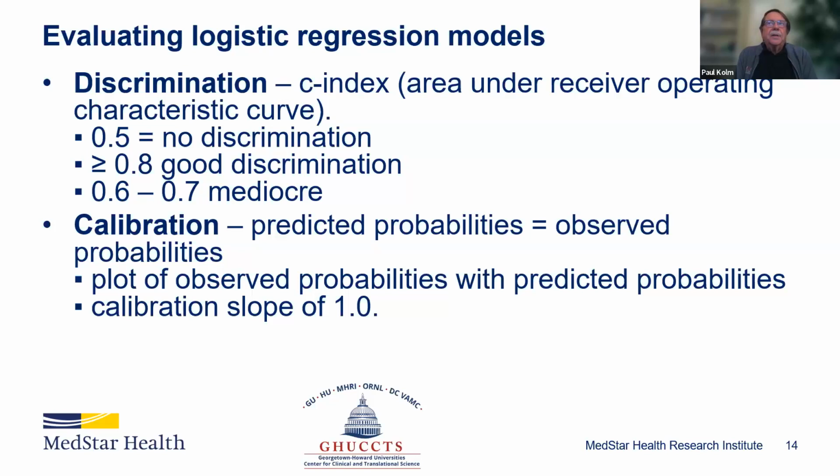The C-index numerically turns out to be the same as an area under a receiver operating characteristic curve. And it varies from 0.5 to 1, 0.5 meaning there's no discrimination. In other words, it's a toss-up whether a patient experienced the event or not. If we have an index that's 0.8 or better, then we've got really, really good discrimination.